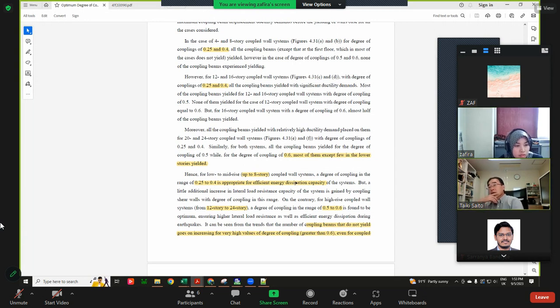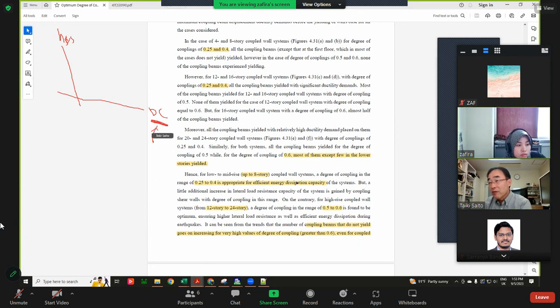Energy dissipation capacity. So maybe we can draw degree of coupling on the horizontal axis and energy dissipation of the system on the vertical axis. The degree of coupling may change with input.